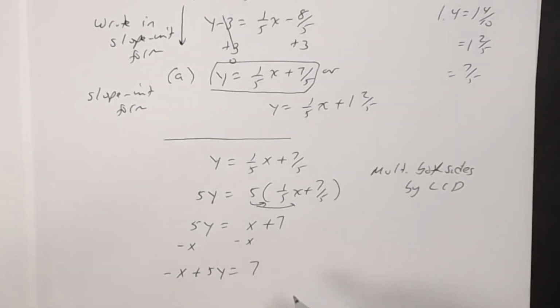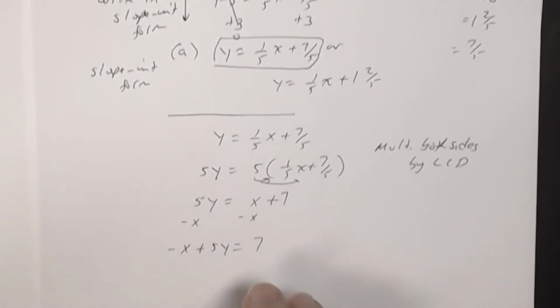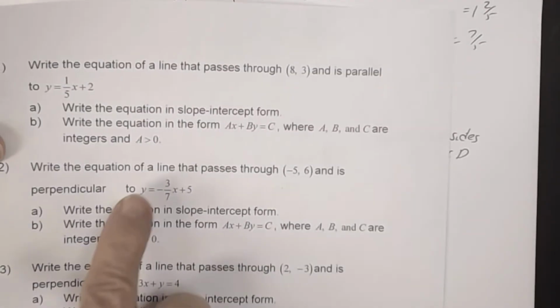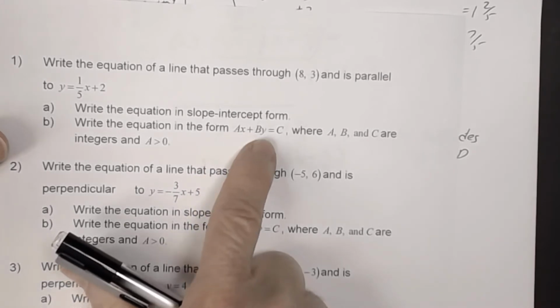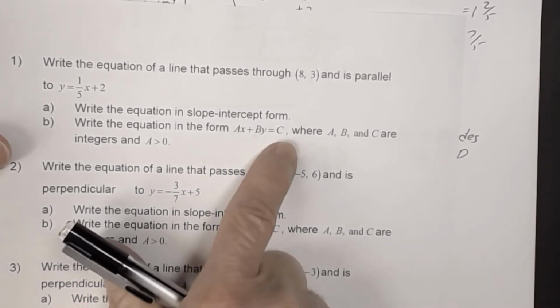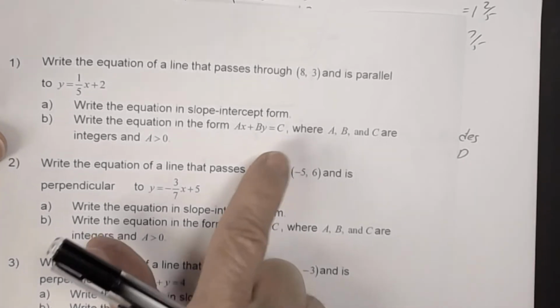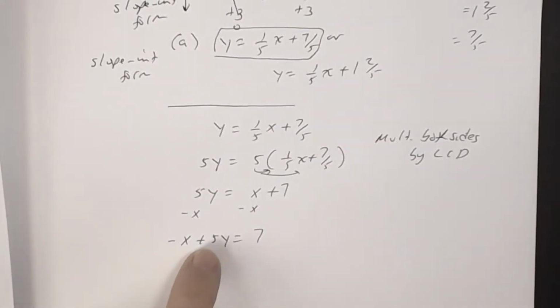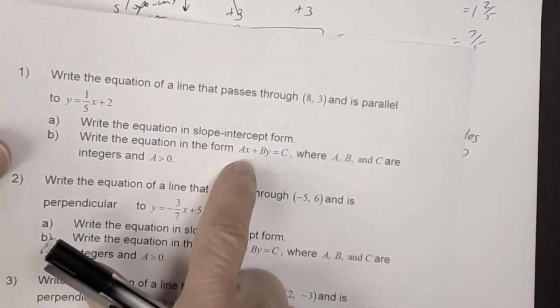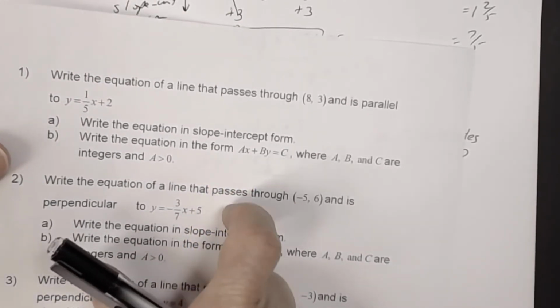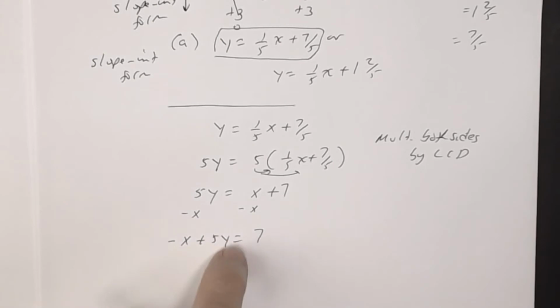Now remember, standard form says you want to write as some integer times x plus some integer times y equals constant. Okay? I am almost there. I'm not quite there yet, but I'm almost there. I have x listed first, I have the term y listed second, and I have my constant on the other side.